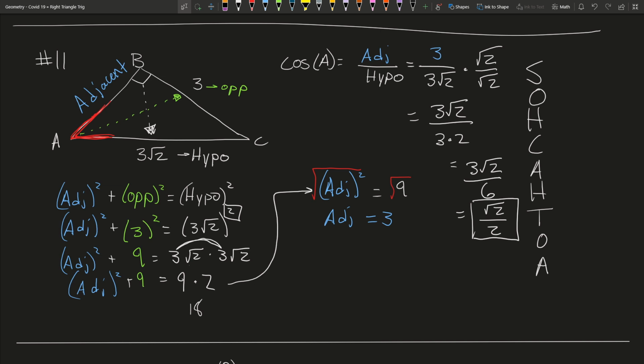How did you get 9 from 9 times 2? So 9 times 2 is 18. And then 18 minus 9 is 9. I guess I can finish that step.